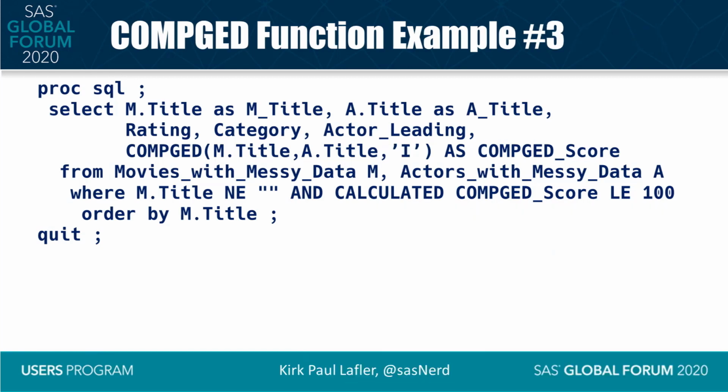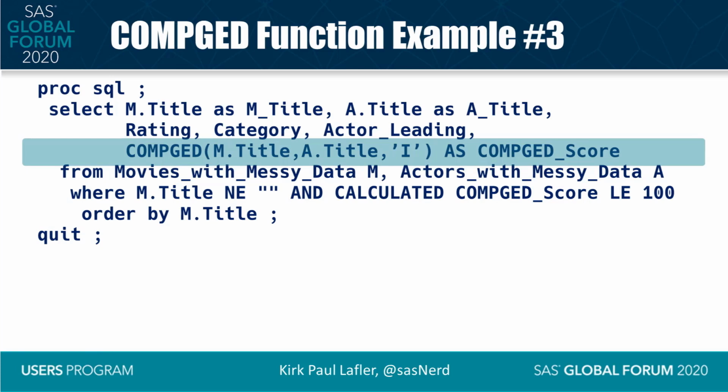In our third COMPGED example, we're going to continue with the same code, basically, that does a match merge or a join process. But we're going to take a look at a modifier, the I modifier. Basically, what we want to be able to do is ignore case.